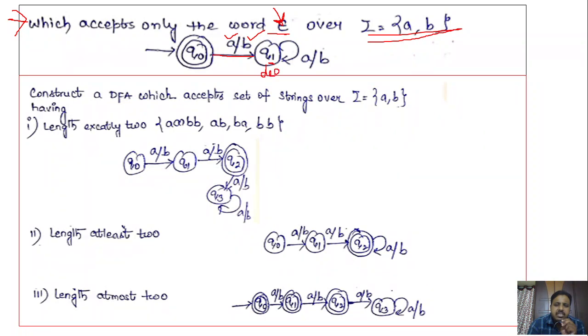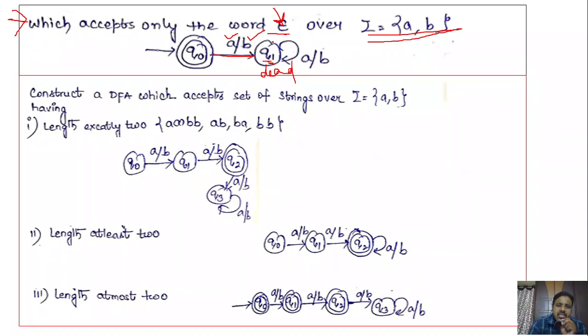Why? Because in this DFA we need to accept only epsilon, and we need not bother about the strings consisting of A's or B's or combinations of A's and B's, right? So that's why whenever we find any character, either A or B, in state q naught, we are moving to the state q1. Okay.